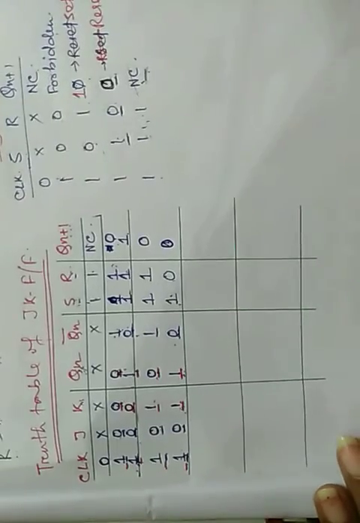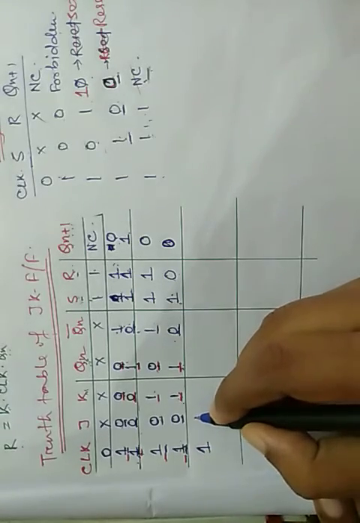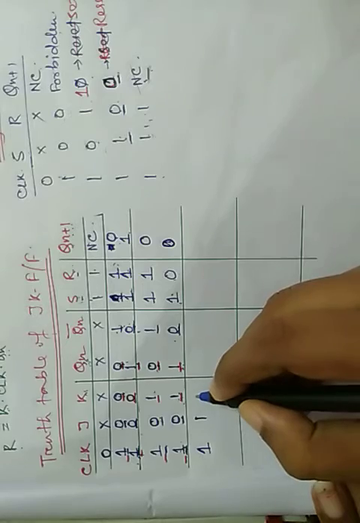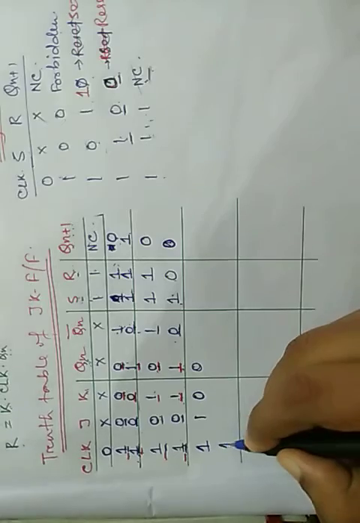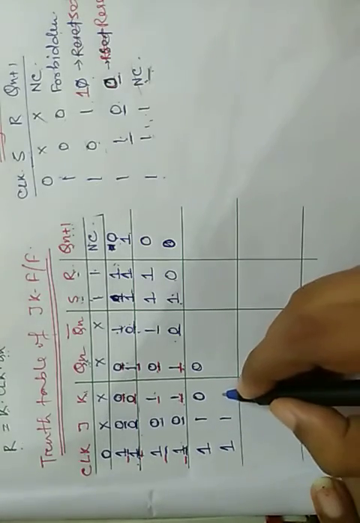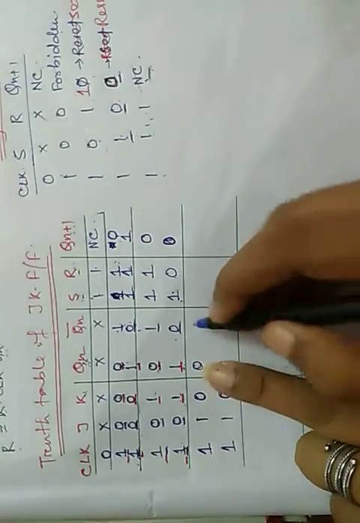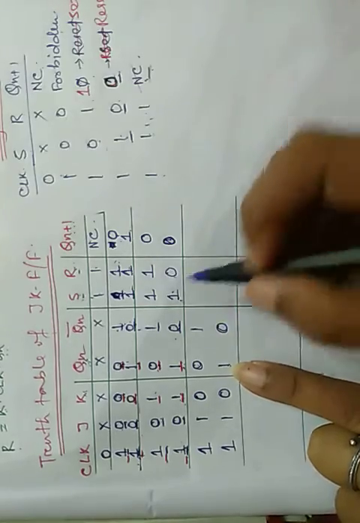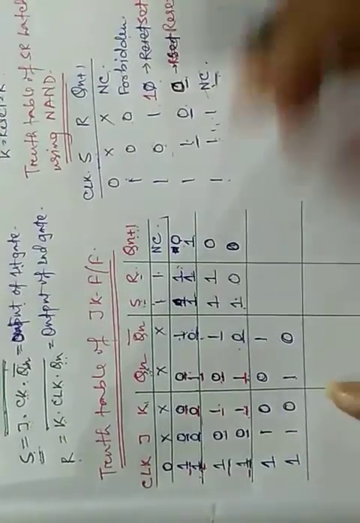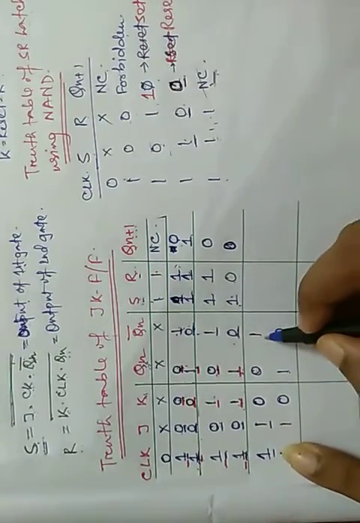Now in our third condition, when clock is 1, input J is 1, K is 0, Qn is 0, and clock is 1, J is 1, K is 0, Qn is 1. When Qn is 0, Qn bar is 1, and when Qn is 1, Qn bar is 0. Now for S's value, we check J 1, clock 1, Qn bar 1.